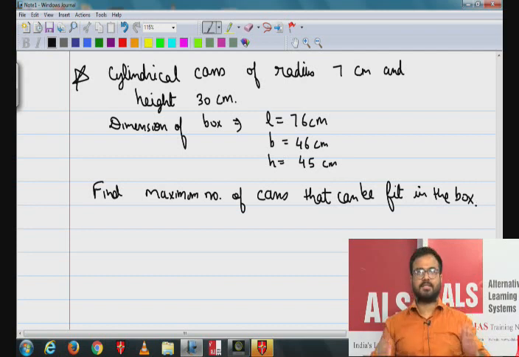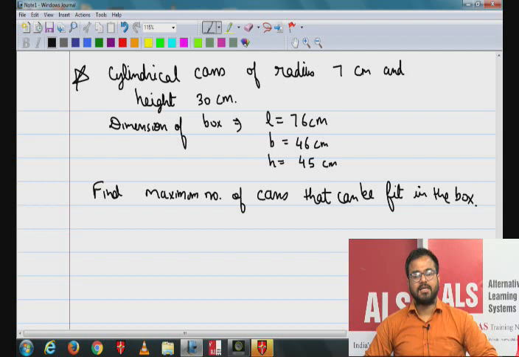So there are cylindrical cans in the shape of a cylinder. The radius and height for those cylindrical cans are given. There is a box. Length, breadth and height for that box are given. We have to figure out what is the maximum number of cans that can be fit in the box.